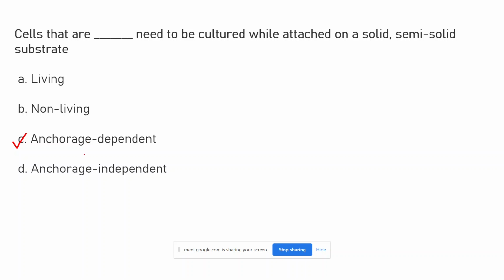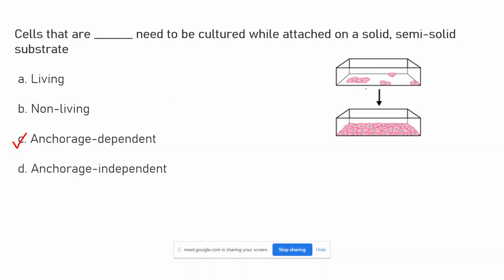Now for our cell culture basics, most of the cell lines or most of the cells that we obtain are basically anchorage dependent. Anchorage dependent means these cells need a surface, that is the surface of a flask or a dish, to attach to. Here you can see there are some 4-5 cells, and once they multiply they cover the entire surface.